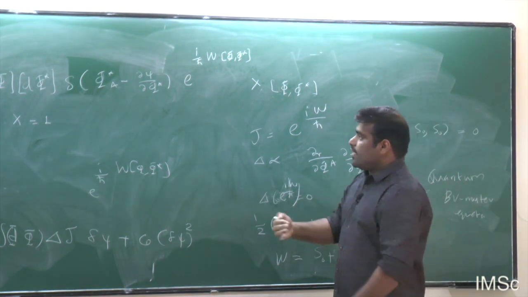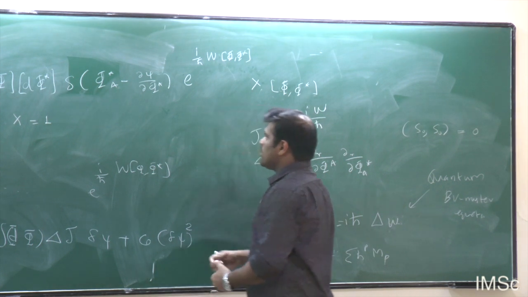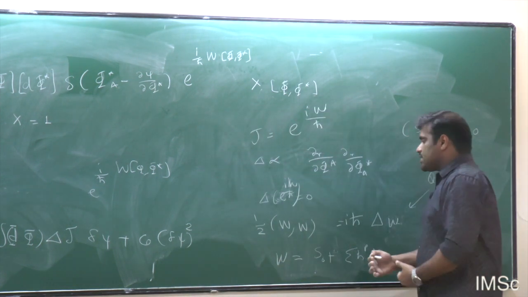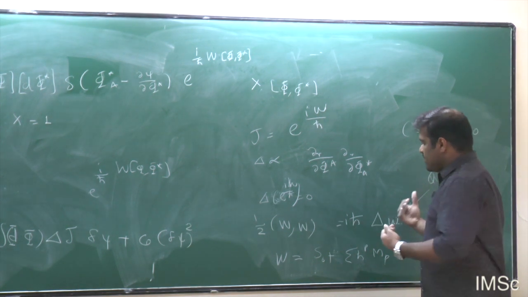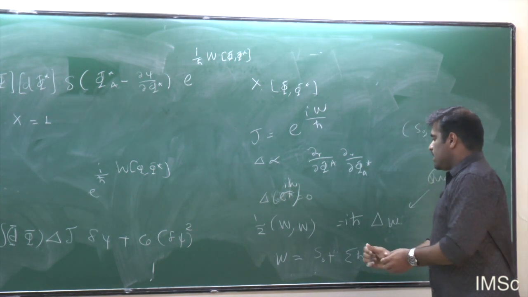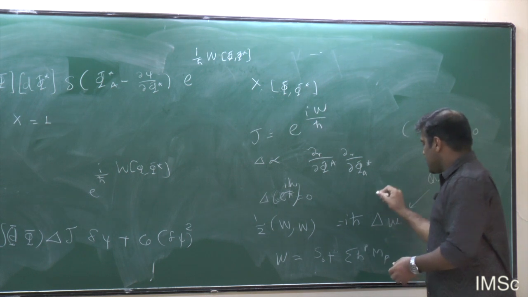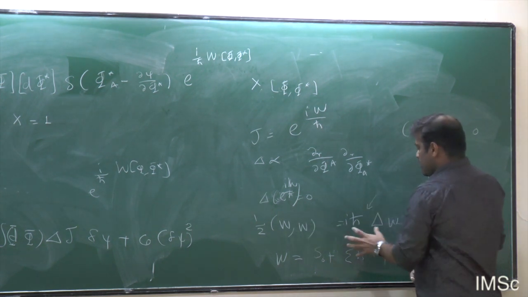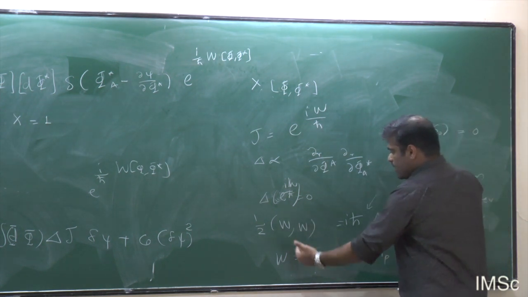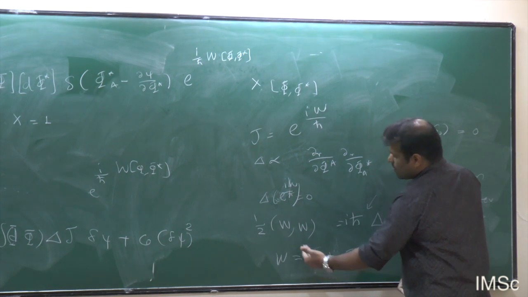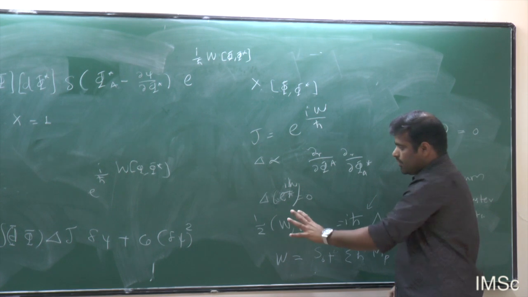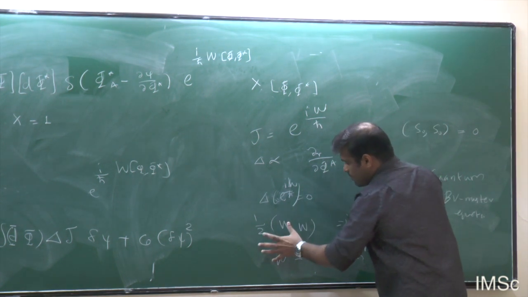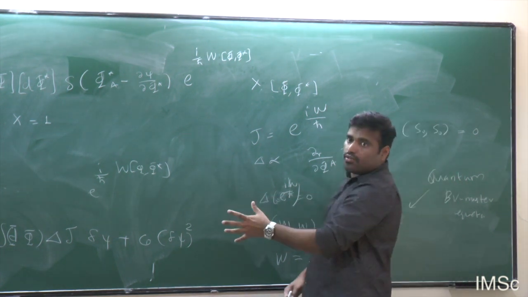So if you want to define a consistent path integral using a master action, you are not supposed to use a classical master action. At every step you have to solve the quantum BV equation. If you solve the quantum BV equation satisfying the condition that when h bar goes to 0 you reproduce the original classical BV action, then that's a quantum master action which you should use for quantizing your theory.